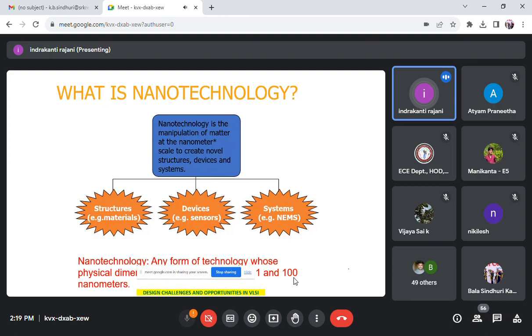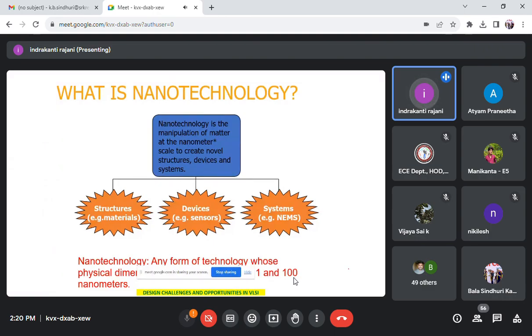Now coming mainly to nanotechnology. How exactly is it ruling the devices or the areas? If you take nanotechnology, it is nothing but making material at the nanometer scale, that is 1 to 100 nanometers.